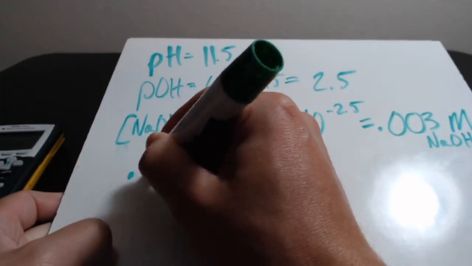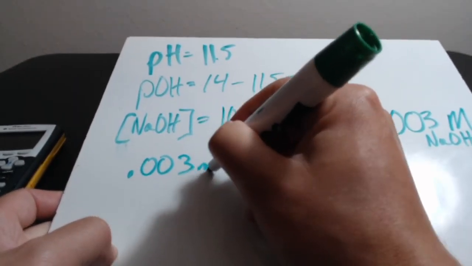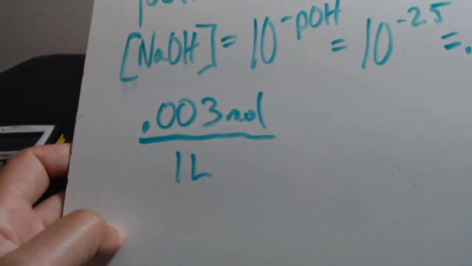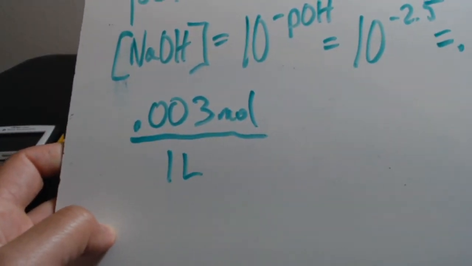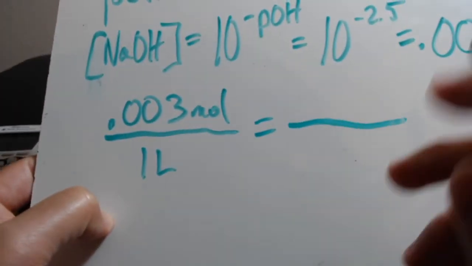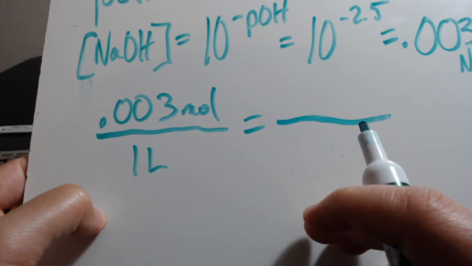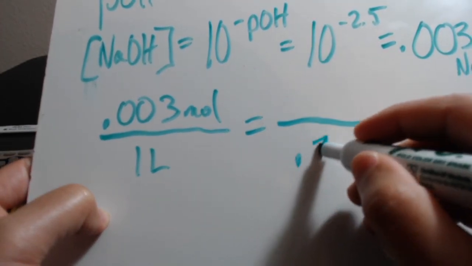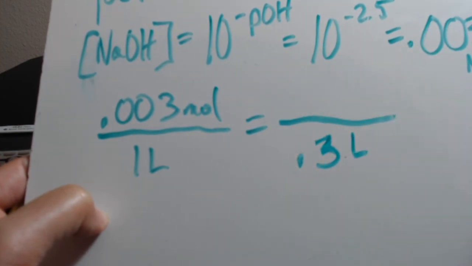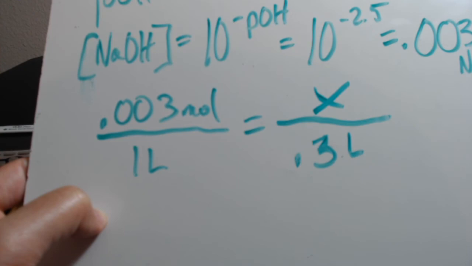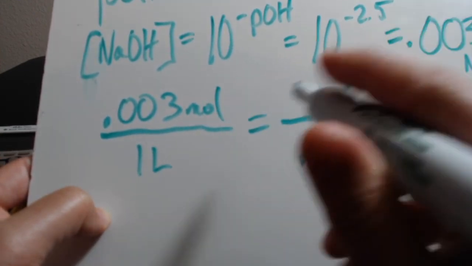That fraction is 0.003 moles over 1 liter. This should start sounding familiar, right? We're going to set it equal to a second fraction because we don't have 1 liter of solution. We have 300 milliliters or 0.3 liters of solution. So we need to know how many moles are in that. Cross multiply and divide here.